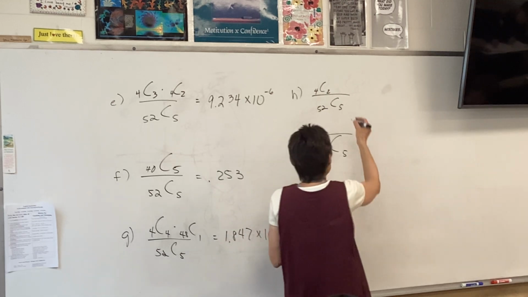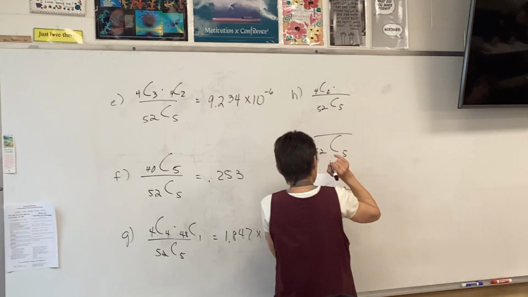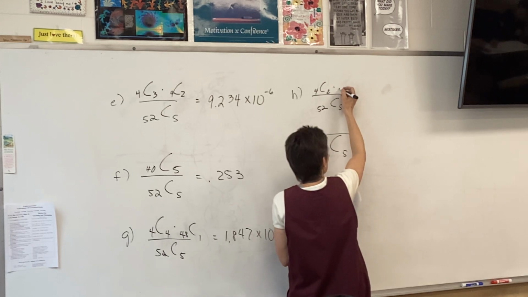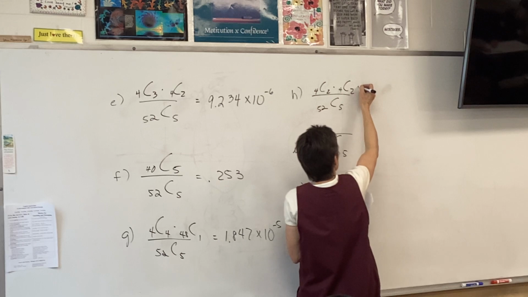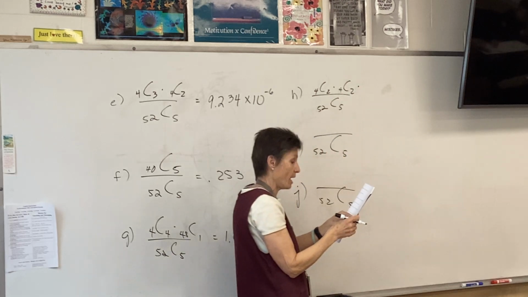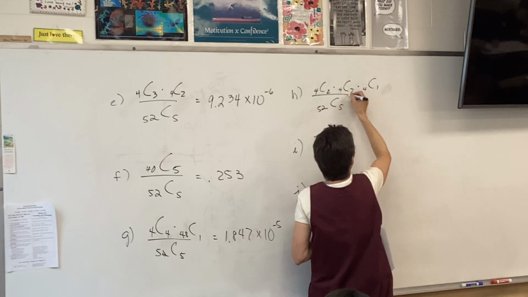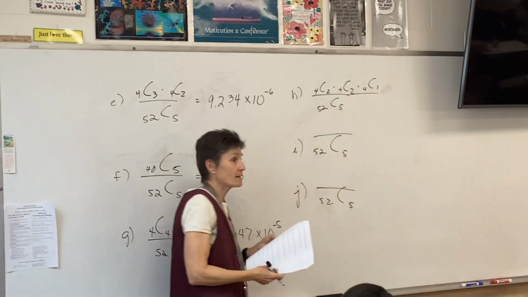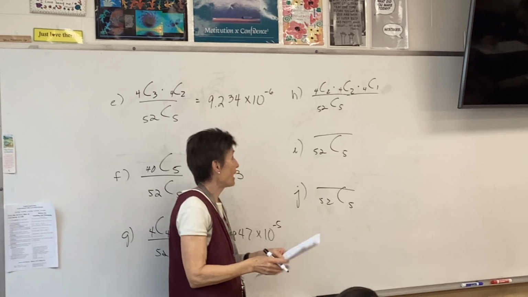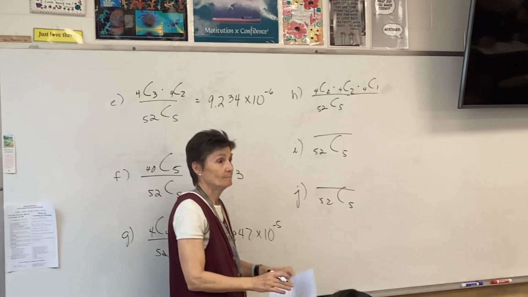And then times 2 jacks, that will be another 4C2. And times 1 queen, 4C1. All that times together, divided by 52C5.